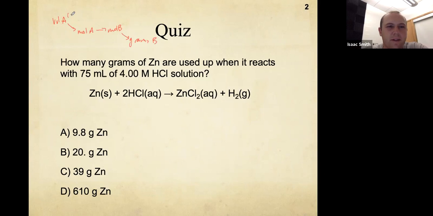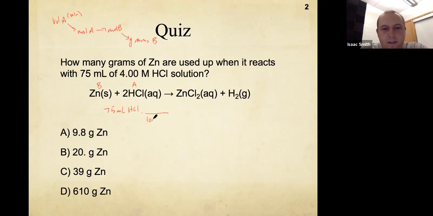And this is volume of A of a solution, right? So A in this case is going to be our hydrochloric acid, and then zinc would be our B. So we're starting with volume of A, so 75 milliliters. And we need to go from volume of A to moles of A using the molarity.